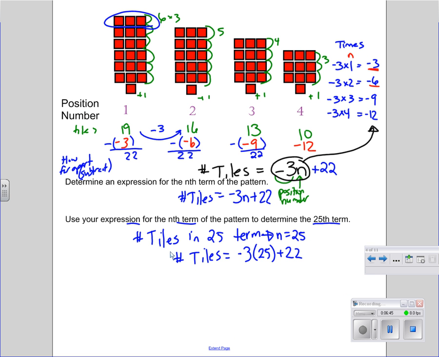When I do that, I multiply using BEDMAS to simplify, so I'll have negative 75, add 22, so I will have negative 53 tiles in the last position. That doesn't make a ton of sense, but that's what it's telling me. Maybe I have some negative tiles representing the position.